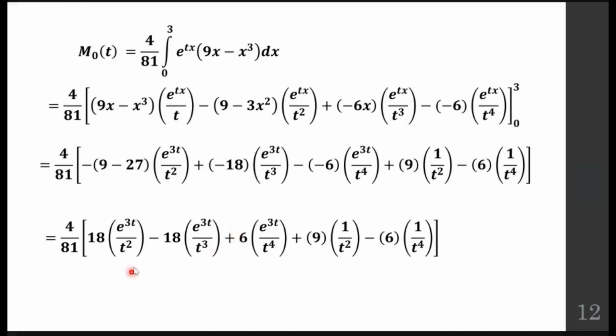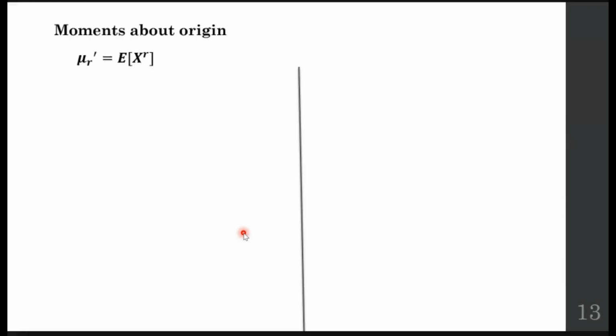Either you expand e raised to 3t and calculate the coefficient of t raised to r upon r factorial, or directly you calculate mu1 dash, mu2 dash, mu3 dash, etc. So how to calculate mu1 dash? It is E of x raised to r, or I can write the integration: mu1 dash will become E of x. E of x means x into the function f of x. Whatever it is comes here into the function f of x.